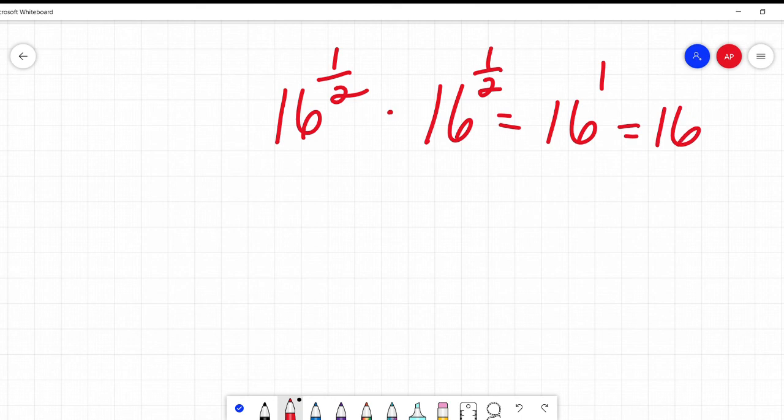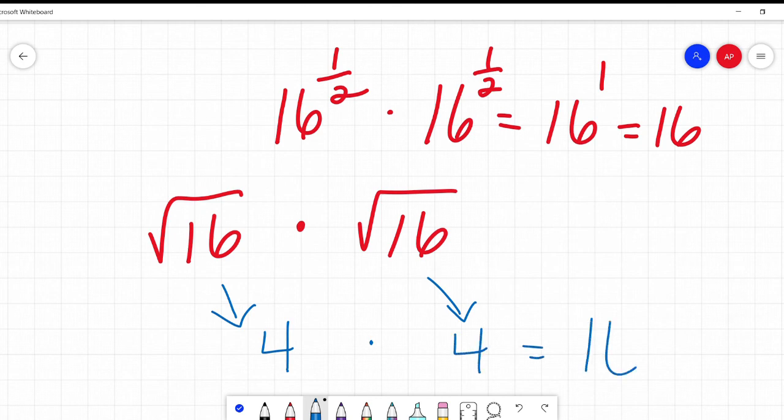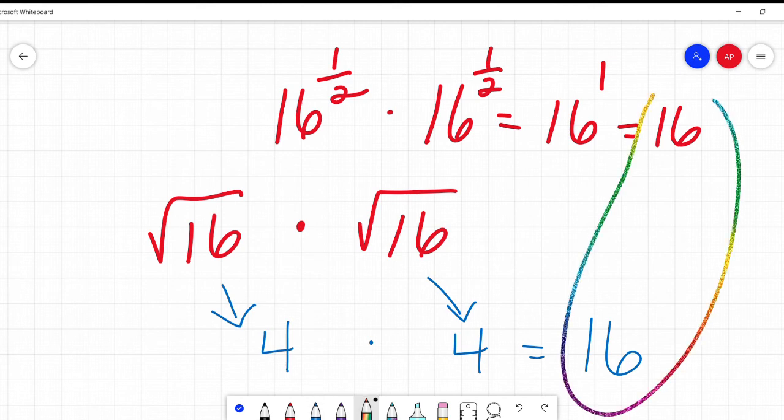Okay, now let's say square root of 16 times square root of 16. Well, this I actually know: the square root of 16 is 4. 4 times 4 equals 16. So we have a match. It is the same answer.